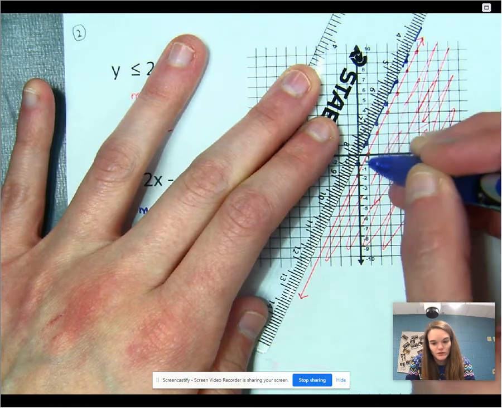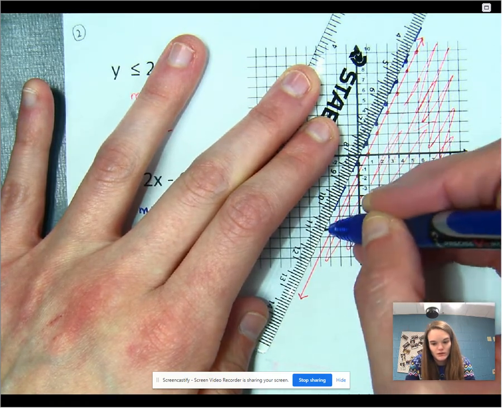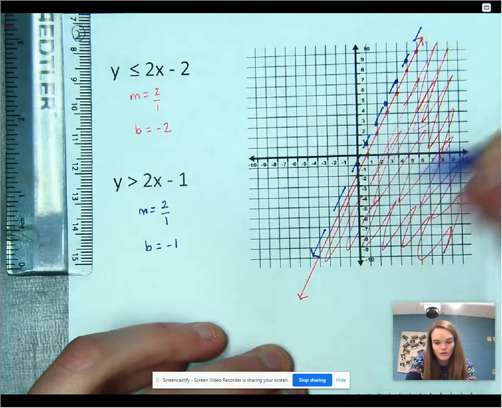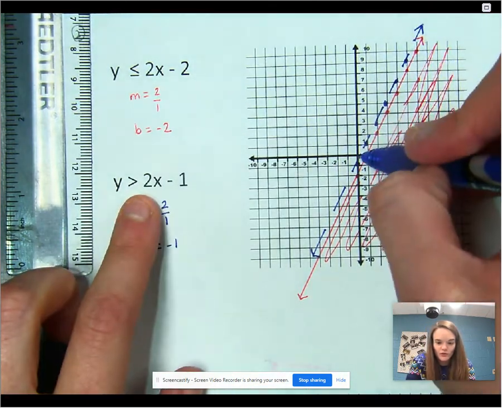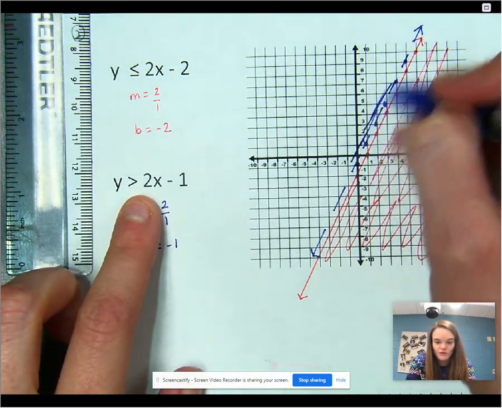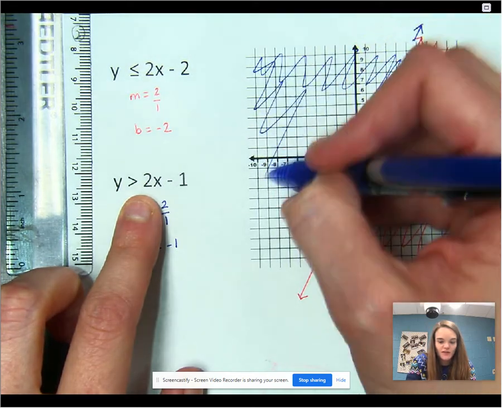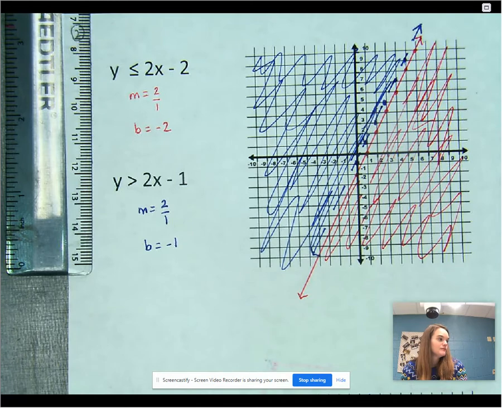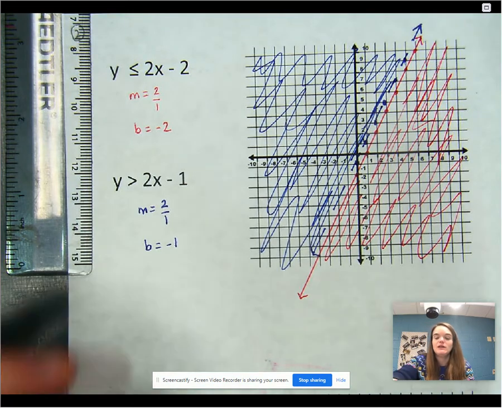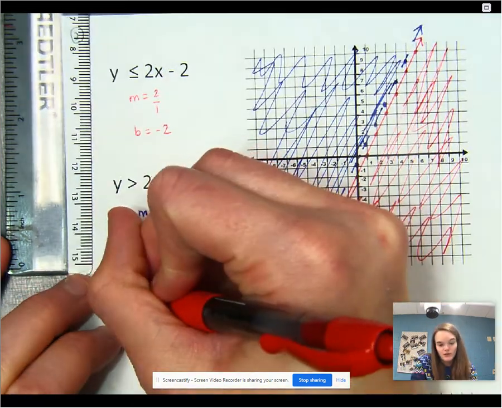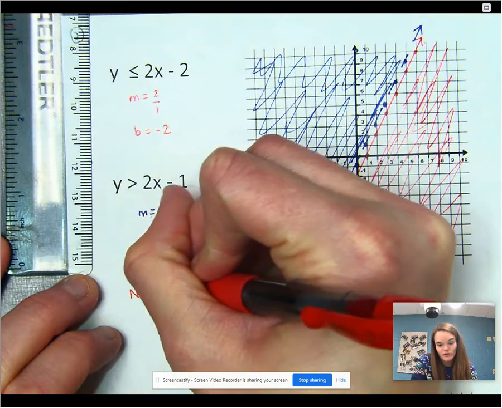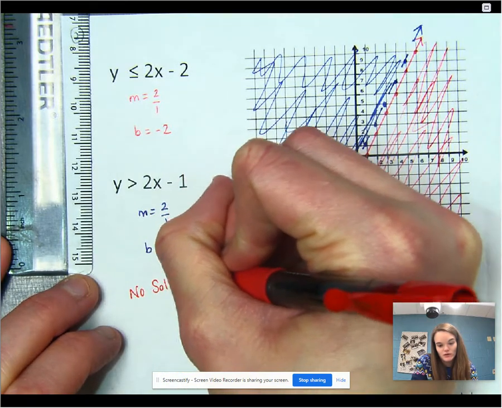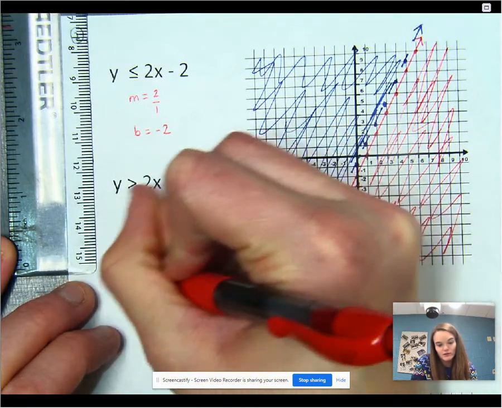Now nothing touches. This is greater than, so you go to the y-intercept and shade above. Okay. As I said, the solution is wherever they overlap. I do not have any overlapping, so the answer is there is no solution. There is no overlapping, there is no solution.